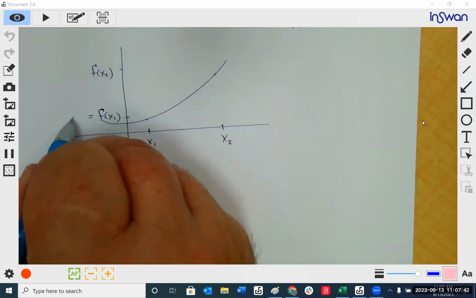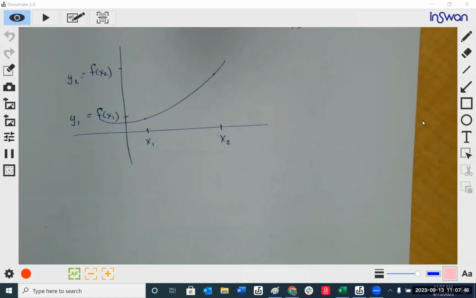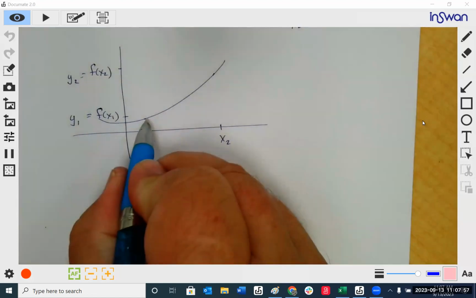Now remember, this is the same thing as y1, this is the same thing as y2. If we find the slope of these 2 points, point 1 and point 2, what are we finding?